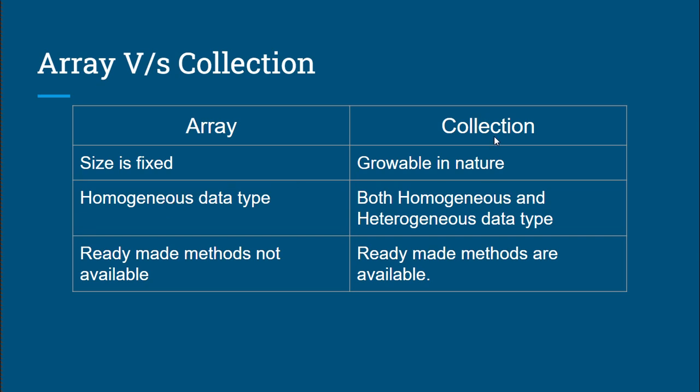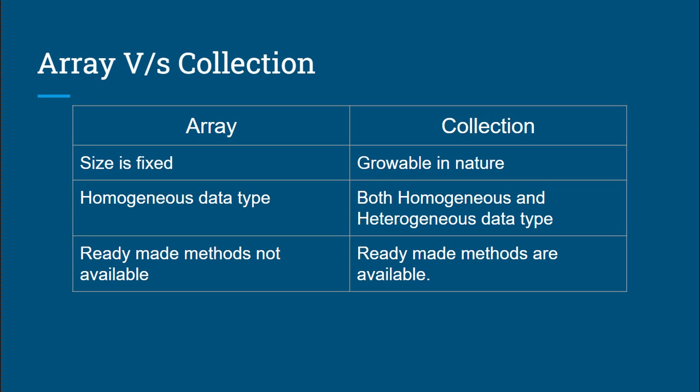But in a collection, we can store homogeneous data as well as heterogeneous data types. In a collection, if you want to give the data type, you can do that also, but if you don't want to give the data type, we can do that too. But in the array, first of all, we have to initialize it with the data type only. Without the data type, you cannot create the array. So that is the biggest drawback of the array.